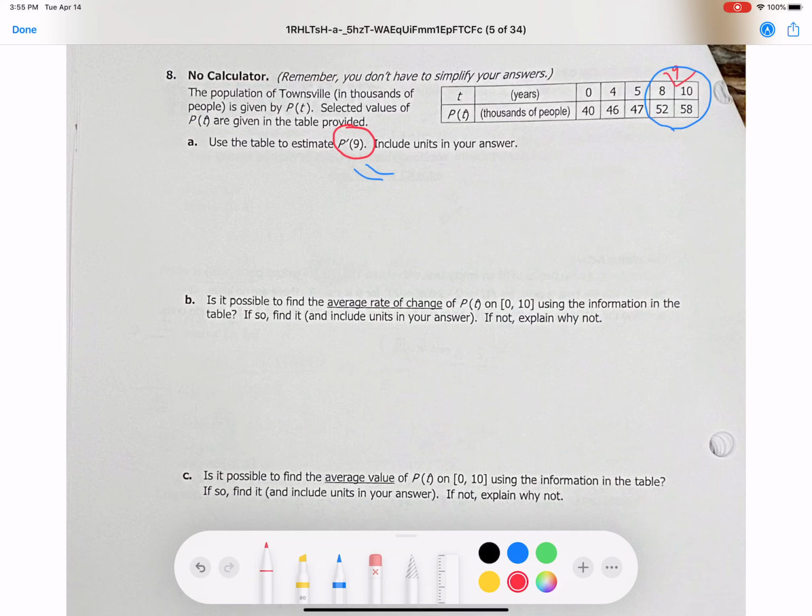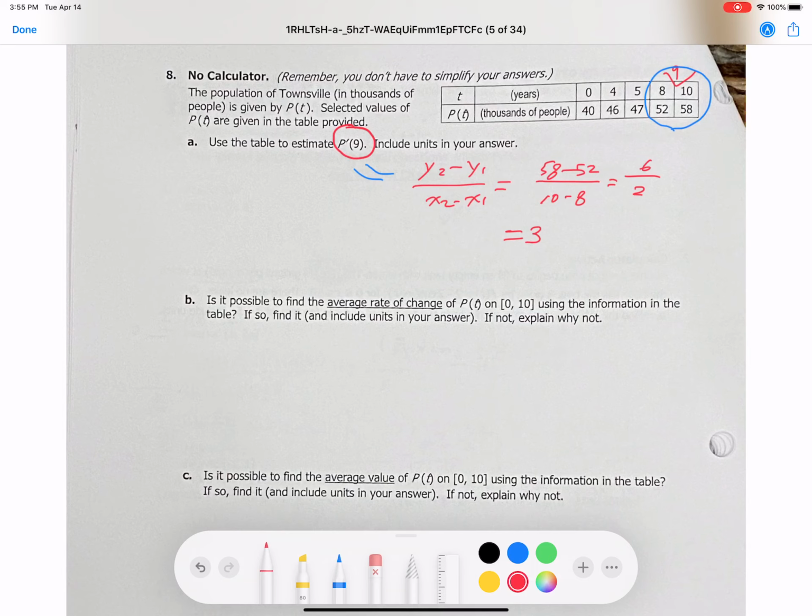So what is the slope between those two points? y2 minus y1 over x2 minus x1 is the basic formula to find the slope. So 58 minus 52 over 10 minus 8, 6 over 2, which is 3.